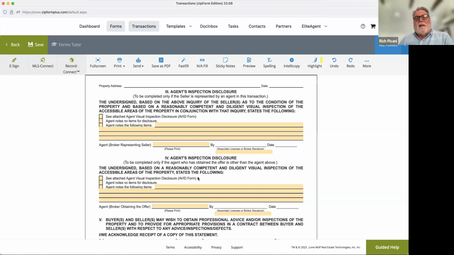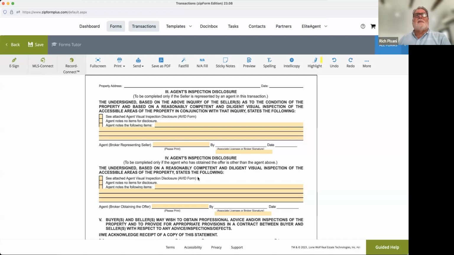If you're representing the seller, this form is not complete until that AVID is attached. Meaning, for those agents who don't do their AVID until the walkthrough at 5 days prior to close of escrow, this TDS is not complete.